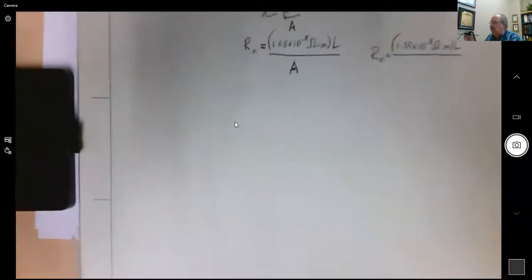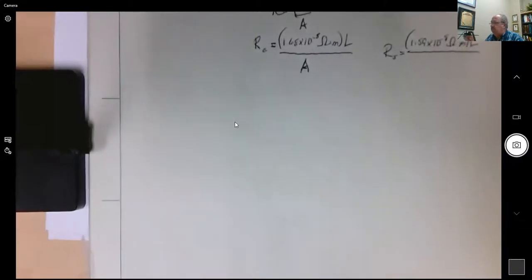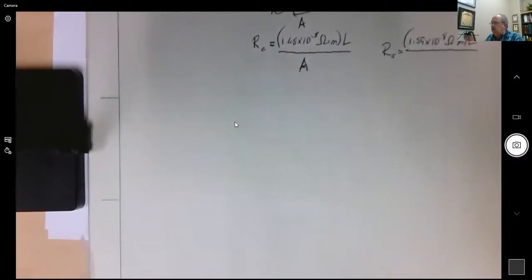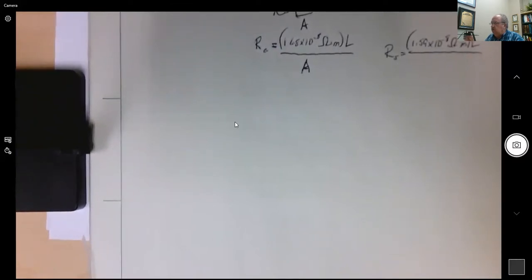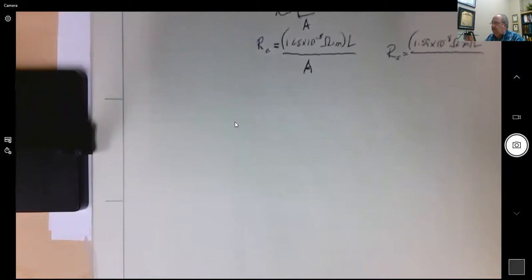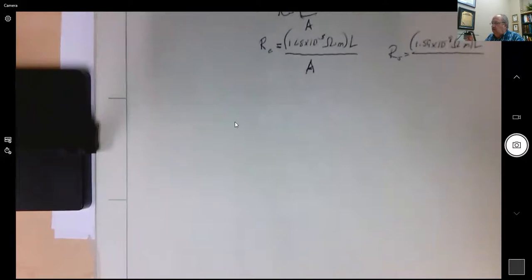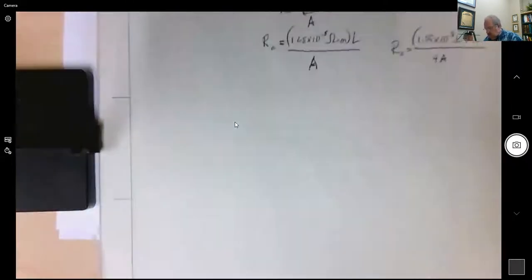Our new area is an area with twice the diameter. So we're going to take the diameter squared over 2, and so that is going to be 4 times A.